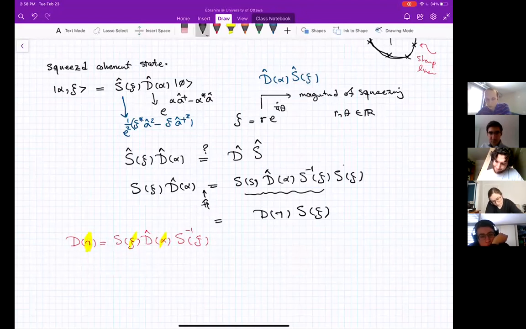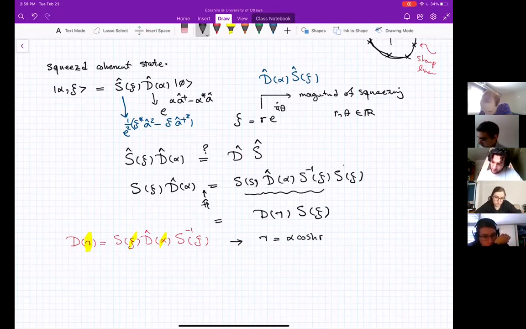And if you do a little bit of mathematics, you can expand gamma in terms of alpha and zeta, and in terms of the parameters that you have. Essentially gamma is given by alpha cosh of r, where r is the magnitude of squeezing, plus alpha star e power of i theta sinh of r.